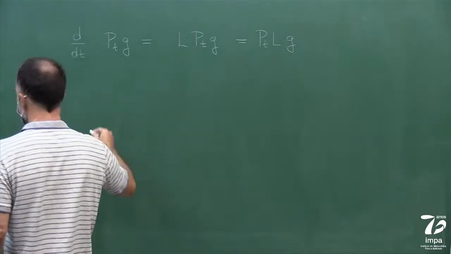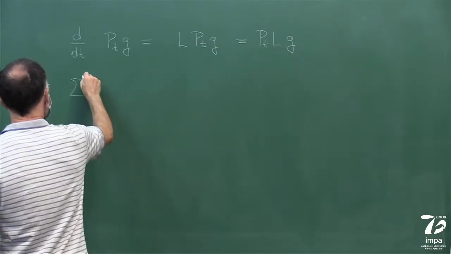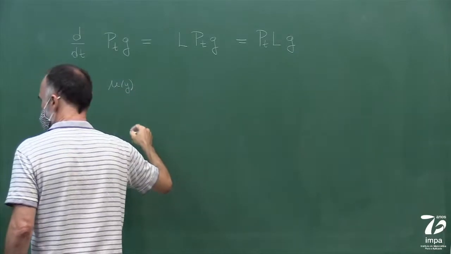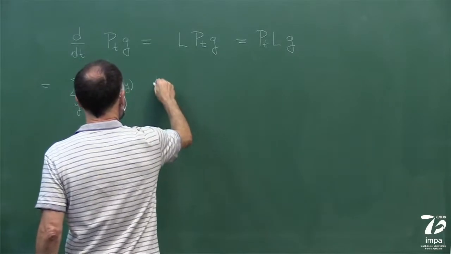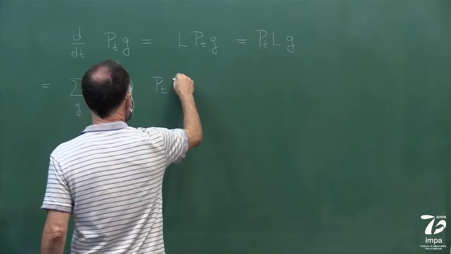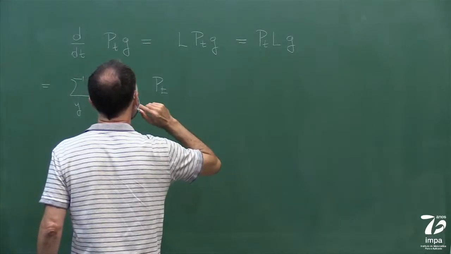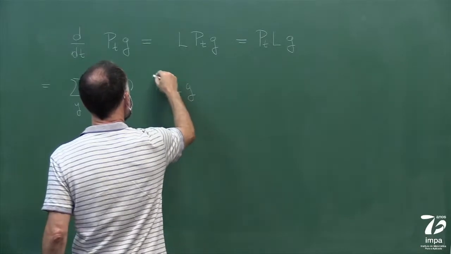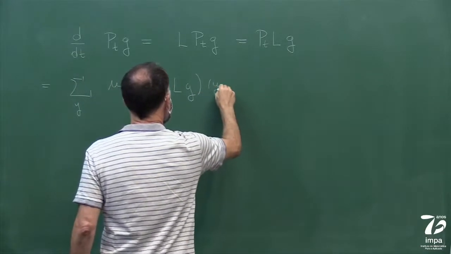So this is the sum over y, mu of y, Pt LG of y.